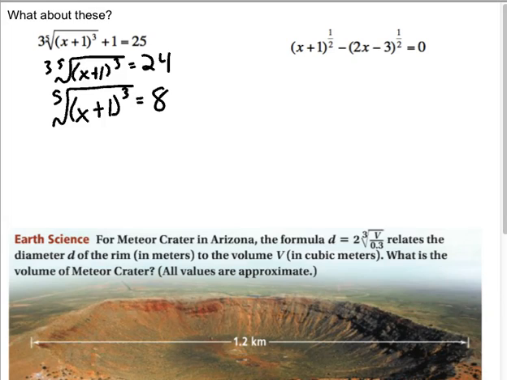So if I want to undo the root, okay, remember to undo a root takes a power. So I'm going to use this fifth power to cancel the fifth root.